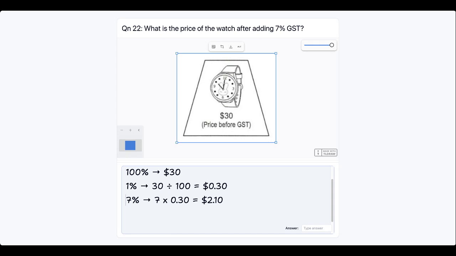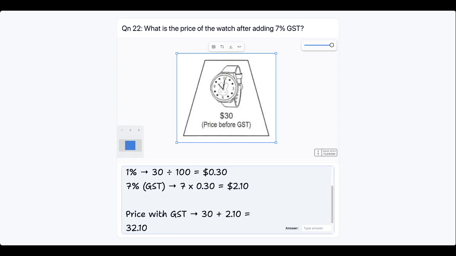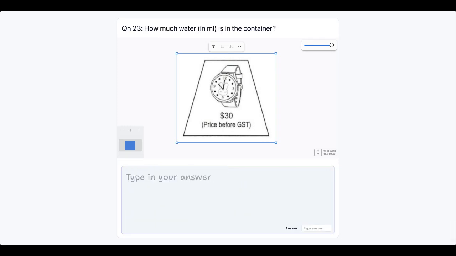So that is the 7%, the GST. Now the price with GST is equal to 30 plus 2.10, which is $32.10. All right, there you go. Let's move on to the next question.